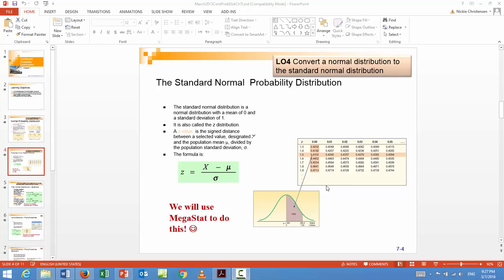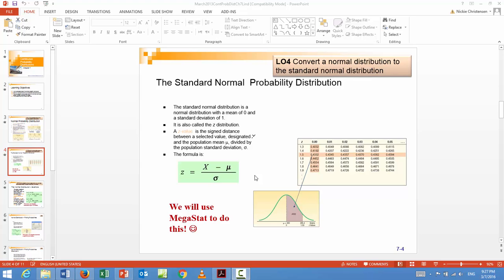Okay, in the last video we talked about the characteristics of the normal distribution. Now, I mentioned that if we sample any type of continuous data and we take a truly random sample and the sample size is big enough, it will form a normal distribution.